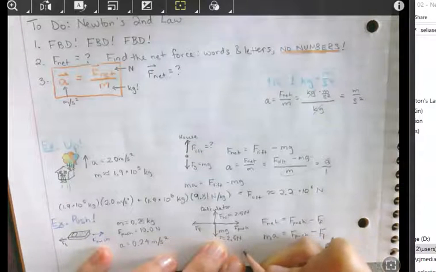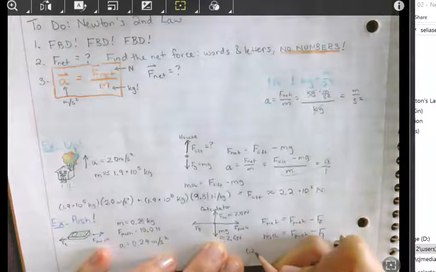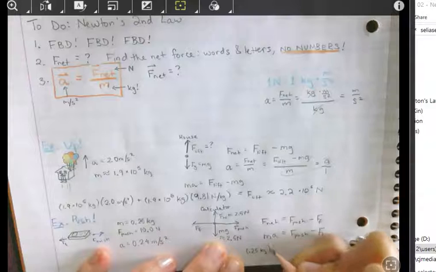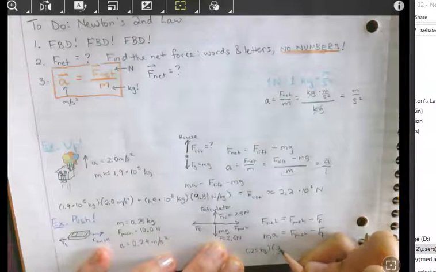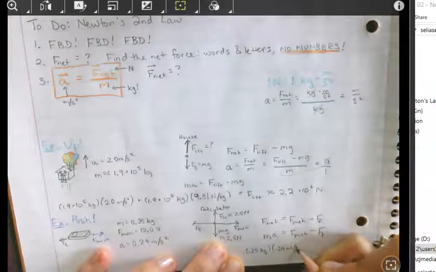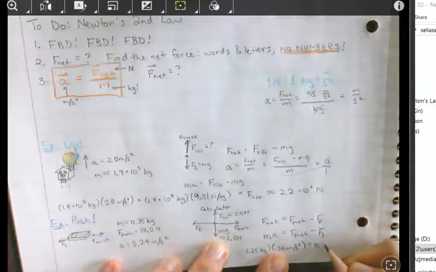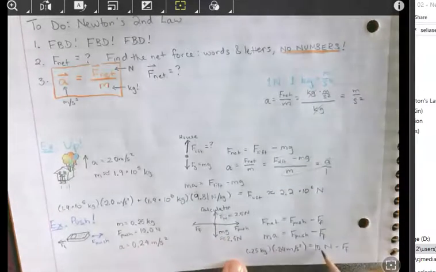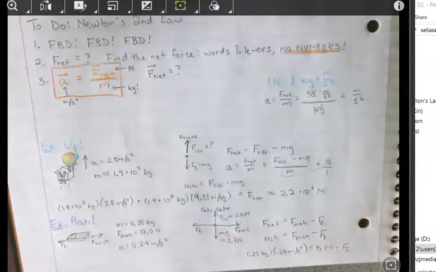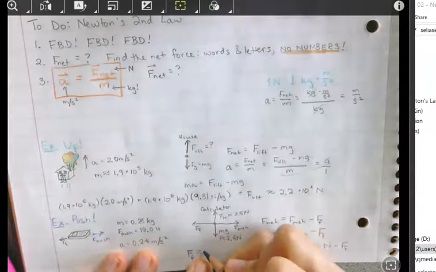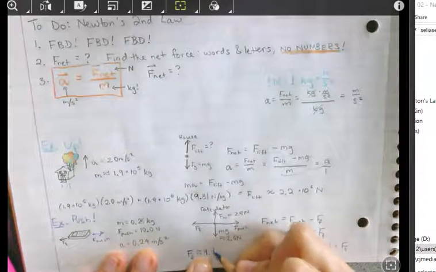Now, we've got numbers. Heavy calculator, but not moving very fast as it picks up speed. Now, the force of friction is the difference between this one and these two. The force of friction is about 9.9 newtons.